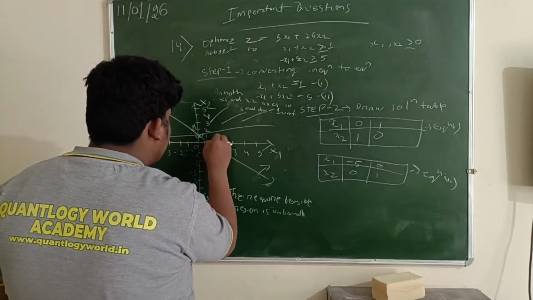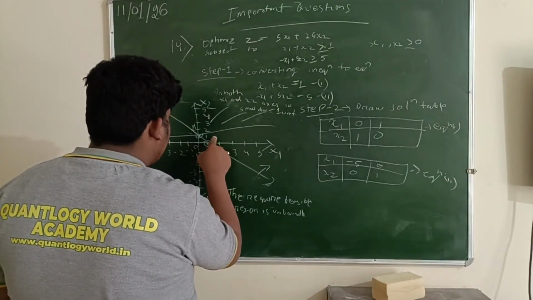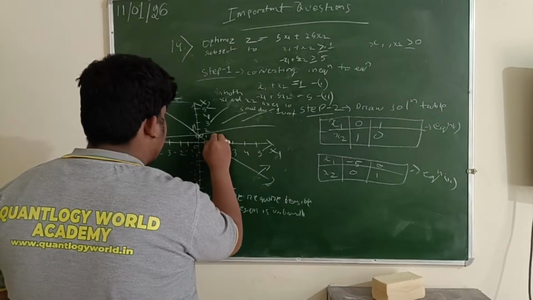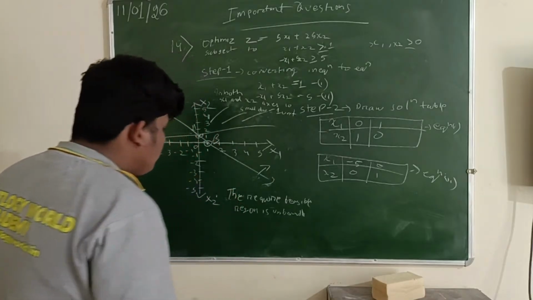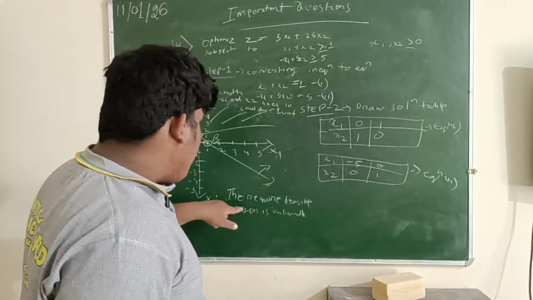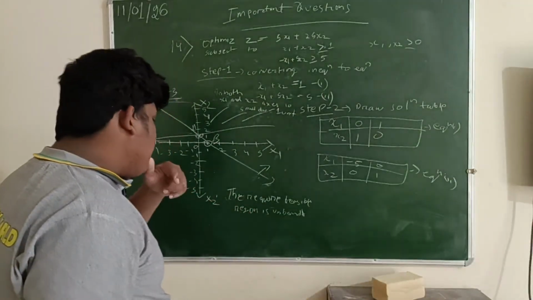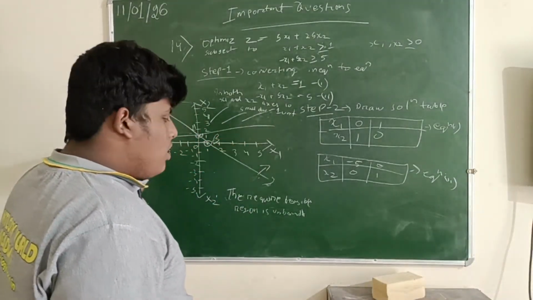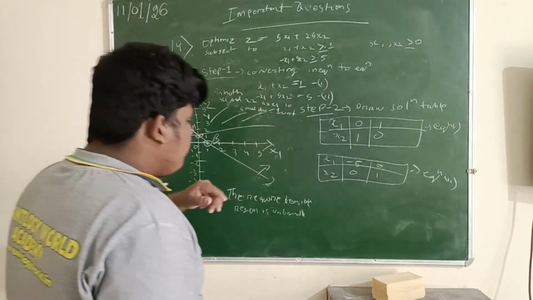This point is A and this point is B. So here we have to write the required feasible region is unbounded, as this is an unbounded graph.